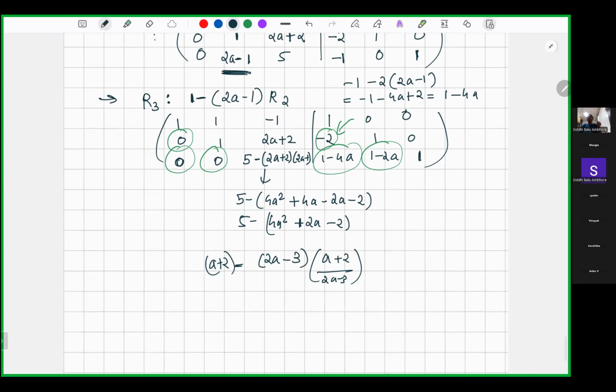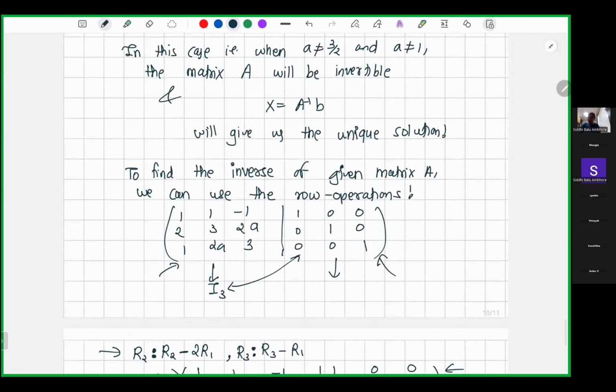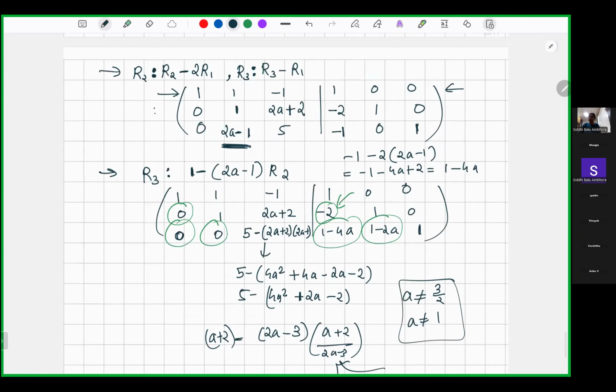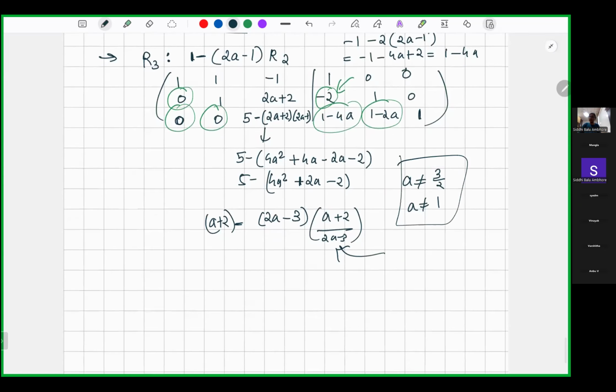When you do this, you will see that the a we chose, a not equal to 3 by 2 and a not equal to 1, will satisfy. The denominator you are choosing will be related to these a's.